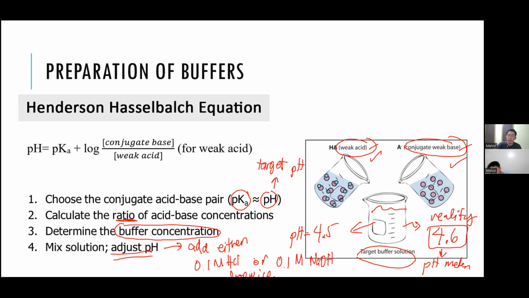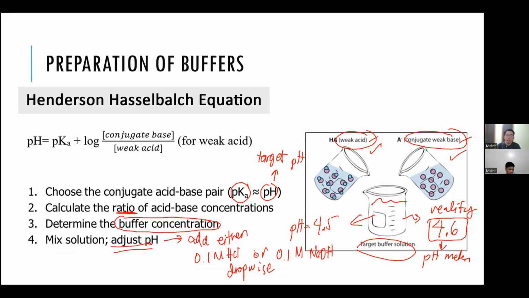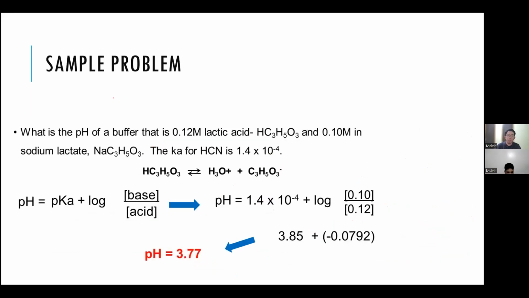So, let's move. Let's say we'll have an example. What is the pH of a buffer that is 0.12 molar lactic acid? So, lactic acid is this one. Tapos, ang Ka ni lactic acid, hindi to HCl na.